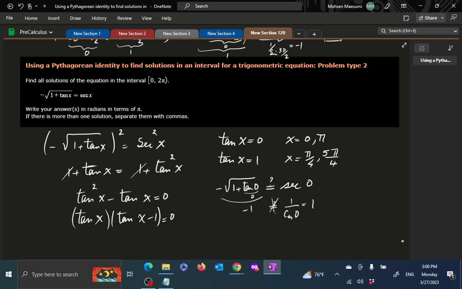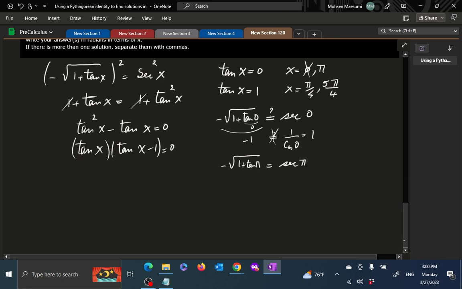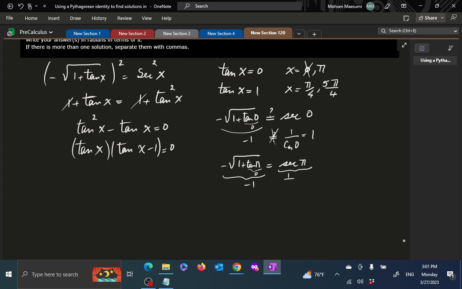They are not equal, so 0 has to be crossed out. How about pi? Minus radical 1 plus tangent of pi. Is that the same as secant of pi? Well, yes. Tangent of pi is 0, so this is minus 1. Secant is 1 over cosine of pi, and cosine of pi is minus 1. They match. That is fine.